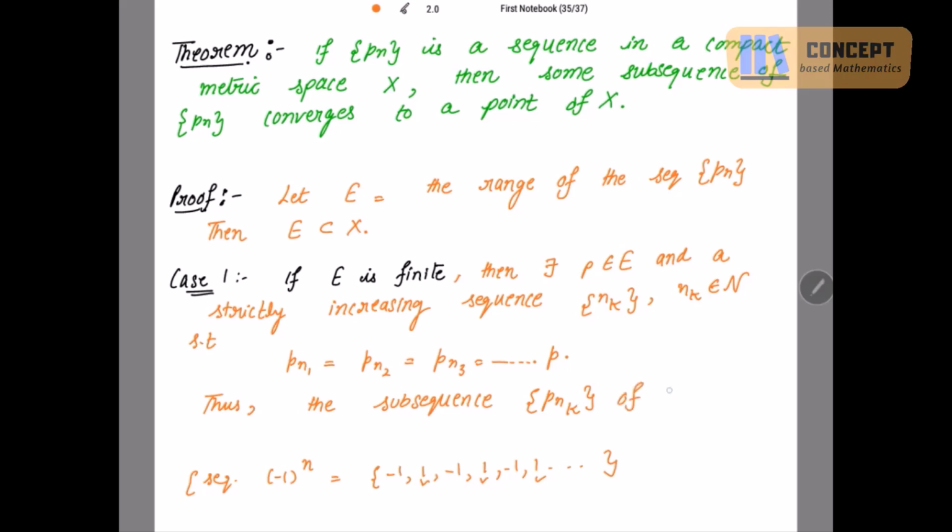Now the subsequence of Pn. This is P1, this is P2, this is P3.